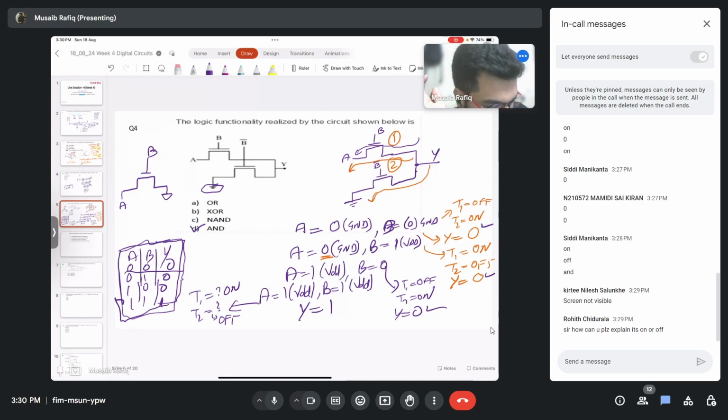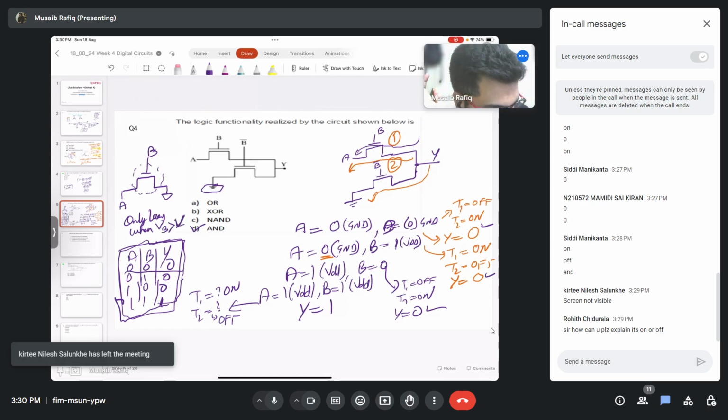Now what happens? This NMOS transistor only turns on when the voltage at B, the gate voltage, is greater than some threshold voltage, VTN. This is usually some positive number.